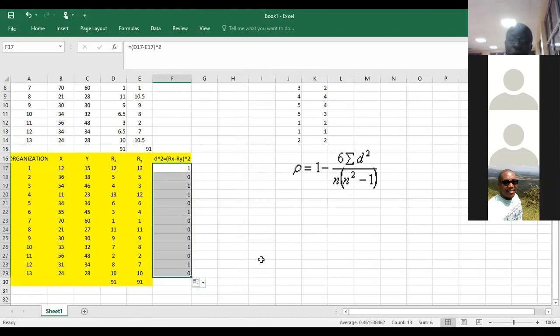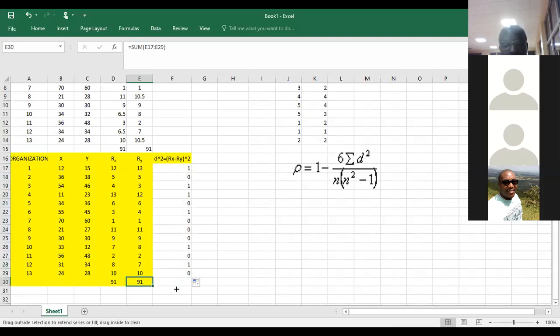And then what do you do with the D squareds? You sum them. I'll sum them here. That is the sum, 6. What do you do then? You substitute. What is n here? 13.